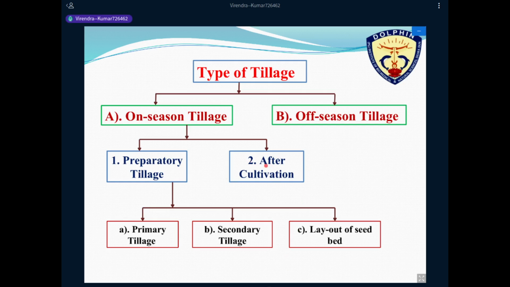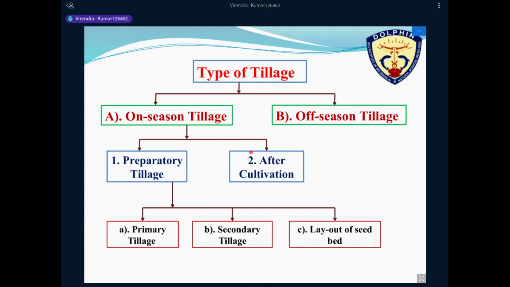And after cultivation tillage, this type of tillage practice is conducted in the standing crop between the two rows of the crops. Mostly such cultivation practices are conducted, and the after cultivation practice is also called inter cultivation practice.